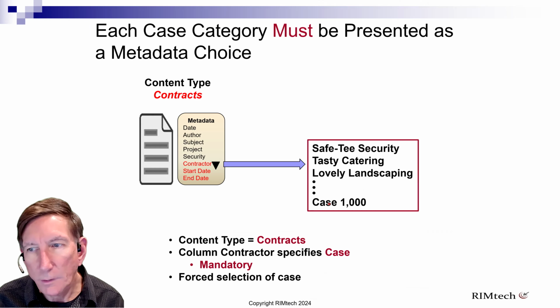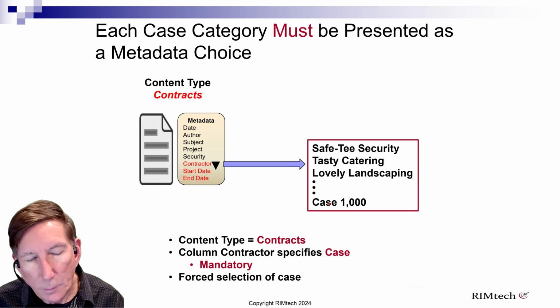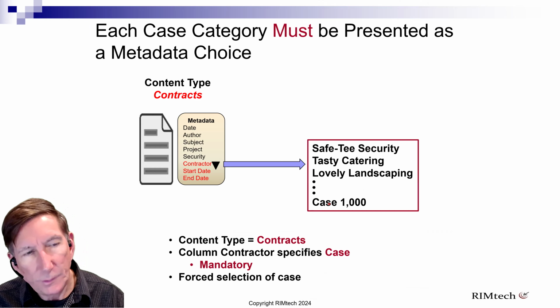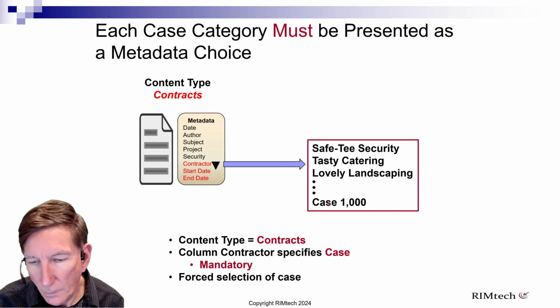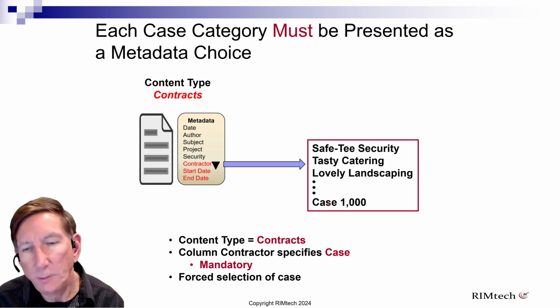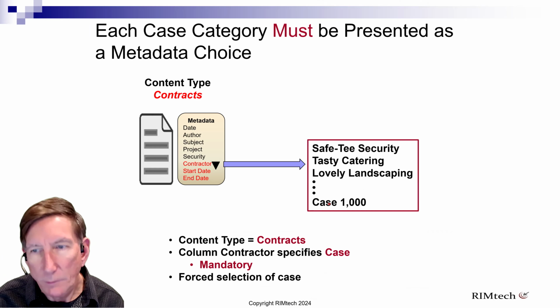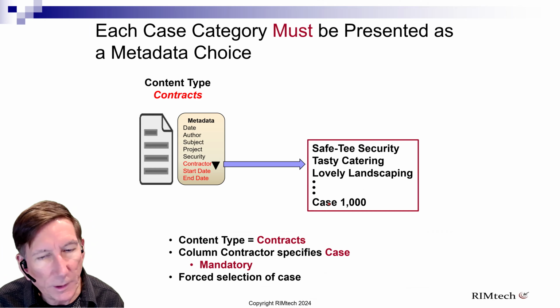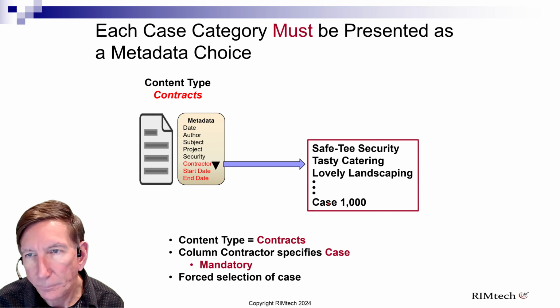So a total of 3,000 cases. That's 3,000 places for those 7,200 records to go. But this is mathematically unavoidable. Even if you take records management right off the table, we have no choice. Every time you put a document in SharePoint, you have to select from a case. You have to say, which case is this related to?